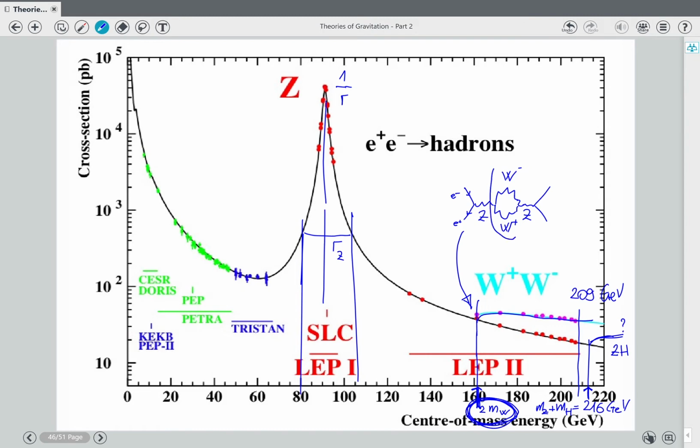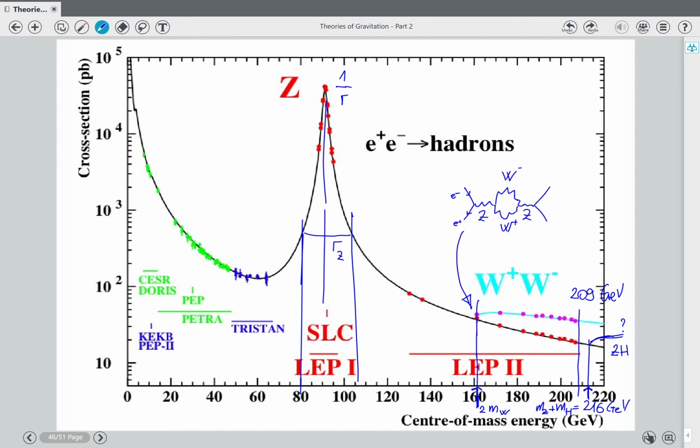The imaginary part of that process has a threshold, and it starts contributing only from that. That's one way to get the mass of the W, because the threshold is the sum of the masses of the two things propagating in the middle. It's kind of precise because the mass of the W is about 80 GeV.